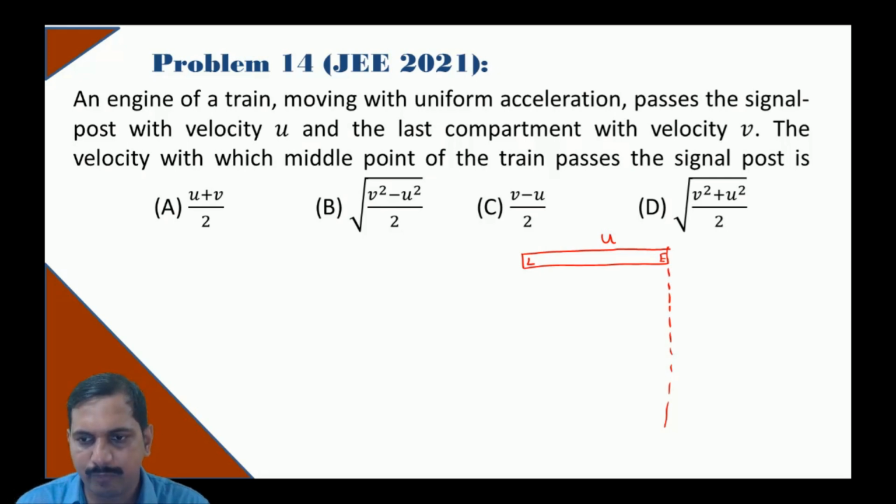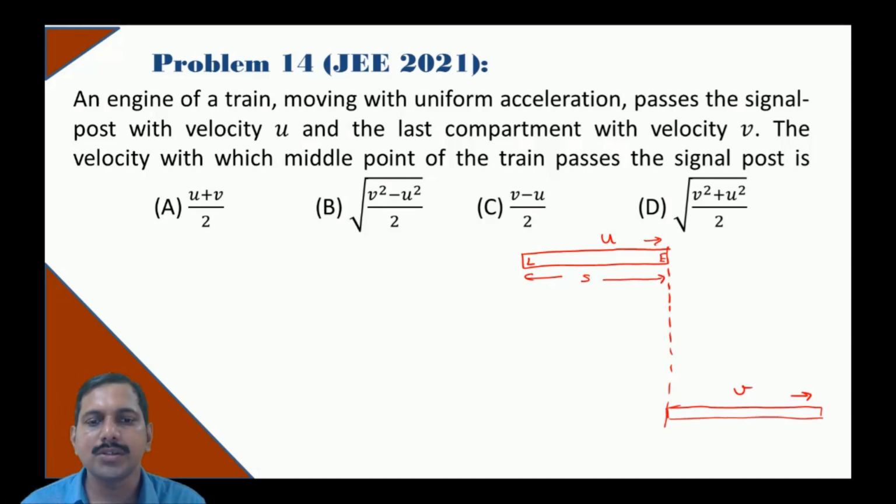And when this would have moved in this direction and the last compartment is passing, the velocity is v. So the length of the train, let us take it as s. So the length of the train is s.